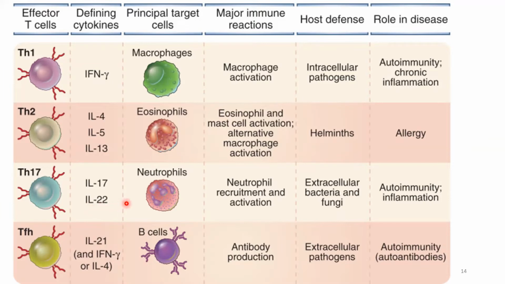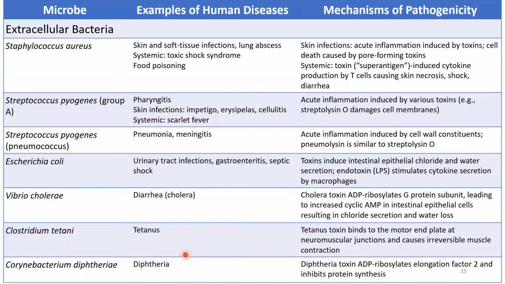The target of T helper 17 is neutrophils, because these cytokines can recruit neutrophils to the site of infection and defend against extracellular bacteria or fungi. And T follicular cells play a role in B cell function to initiate antibody production.